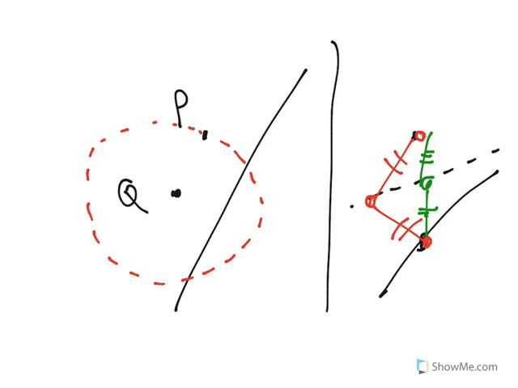So back to this other side, if the fold also goes through Q, here's an example.